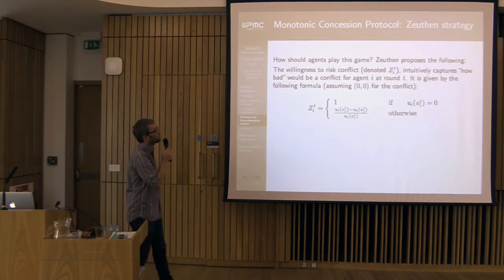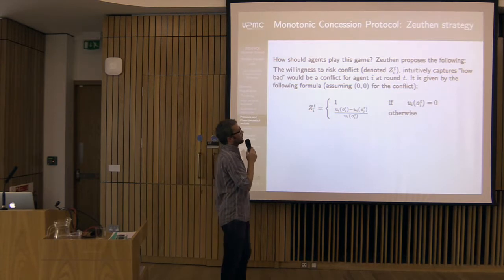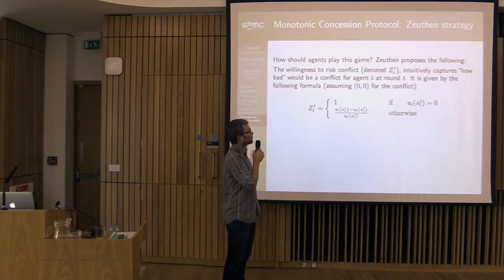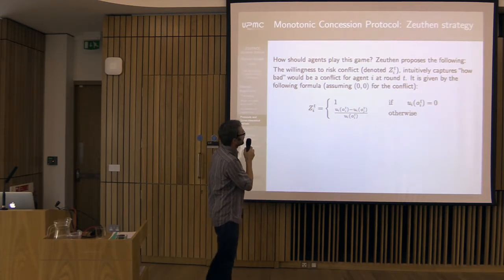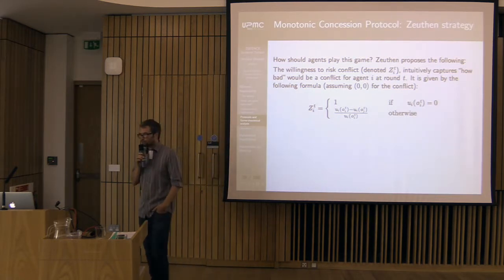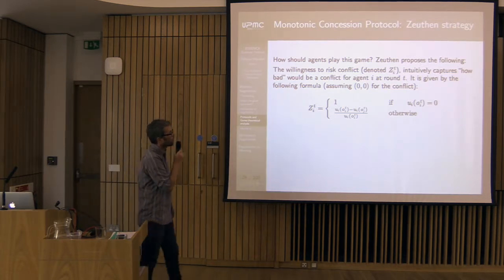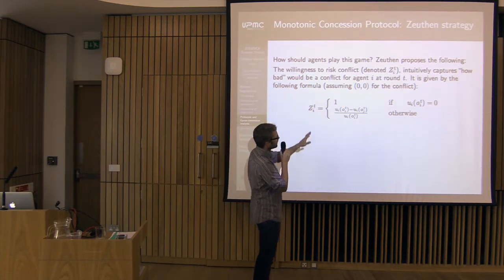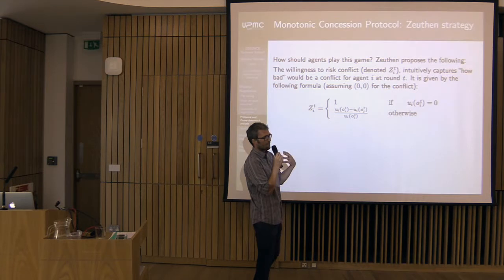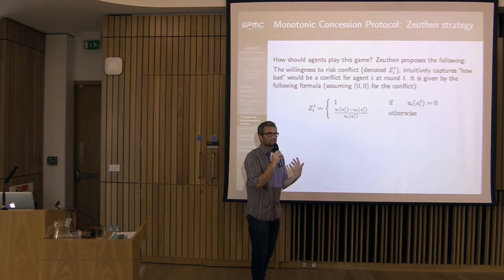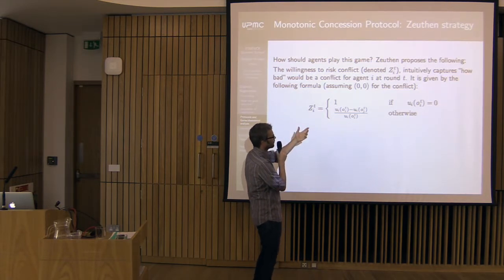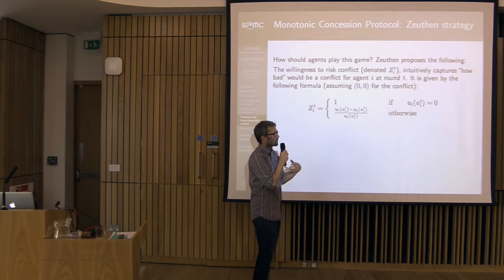How should agents play this game? Zeuthen proposed the following strategy. It's based on the notion of the willingness to risk conflict. It will compute a value, z_i(t), which says how much I would lose if the negotiation would stop at that point.